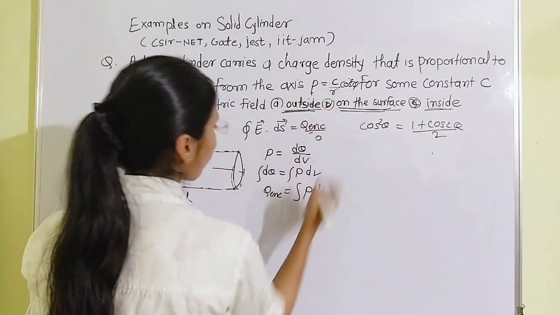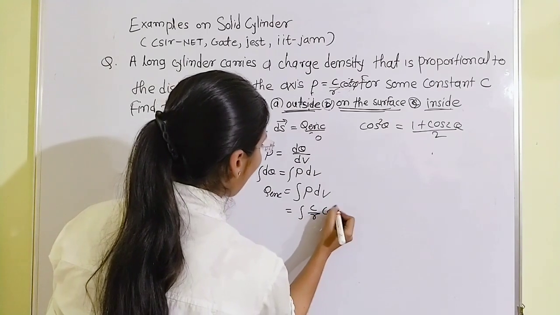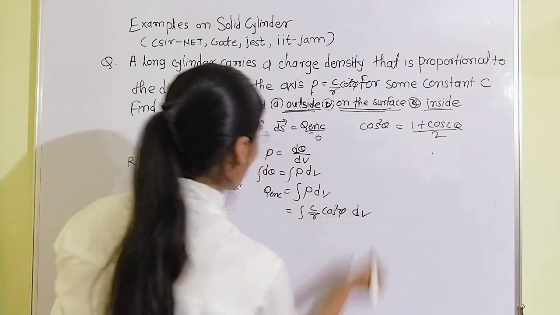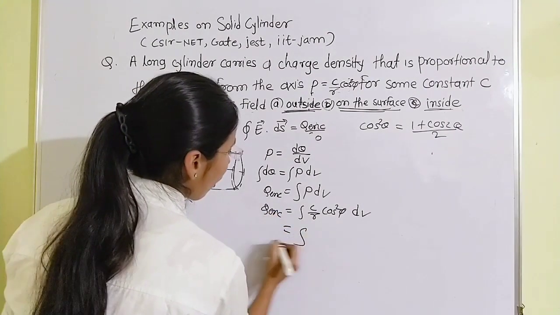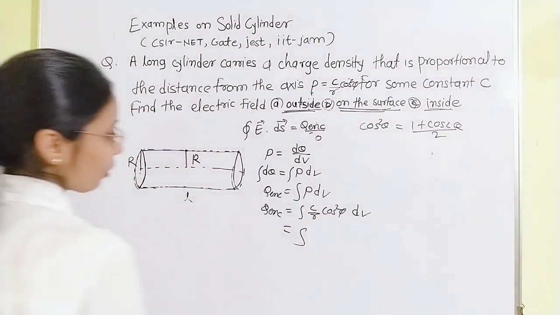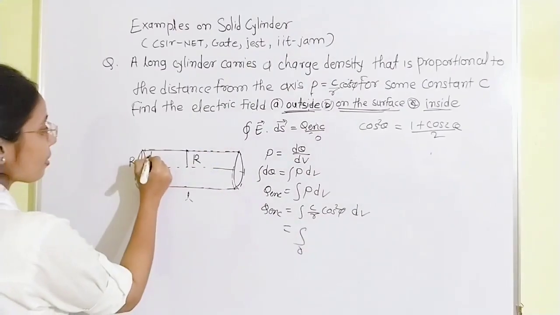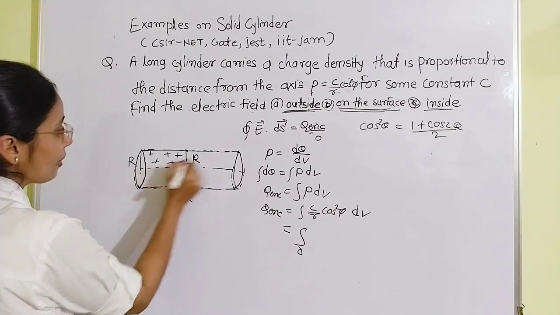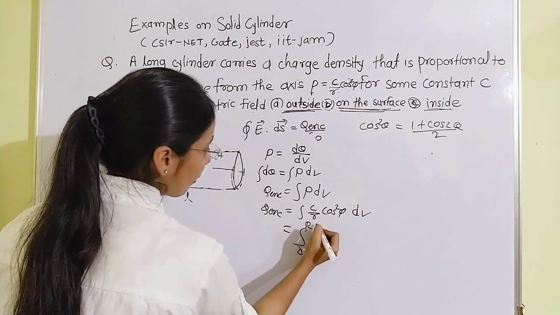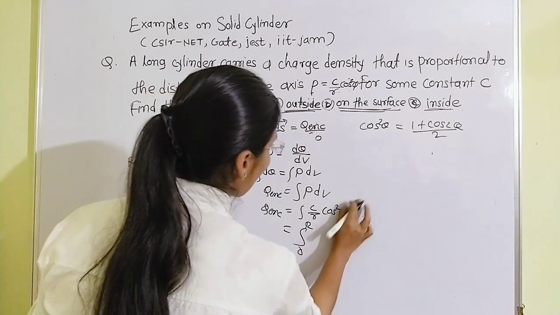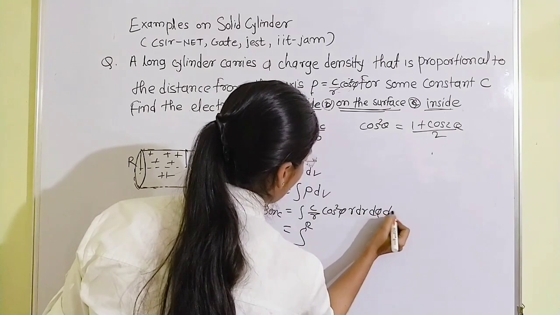Here the value of rho is c by r cos square phi. The limits are 0 to capital R, because the charge density is present within this limit and this is also the body limit. So 0 to R, and this dv is r dr d phi dz.